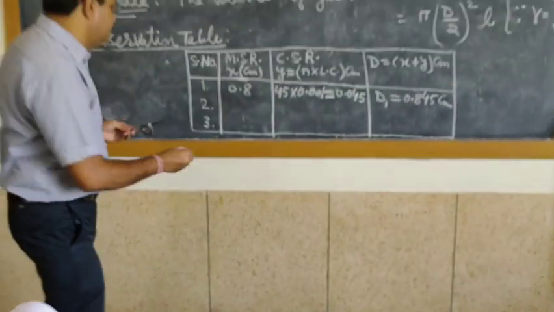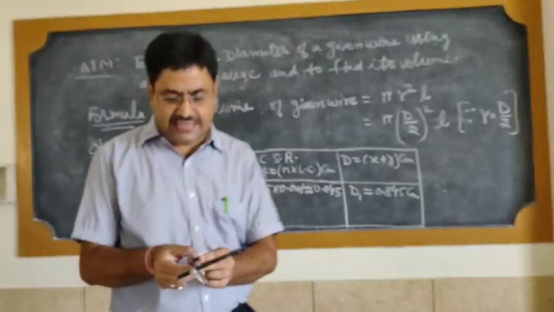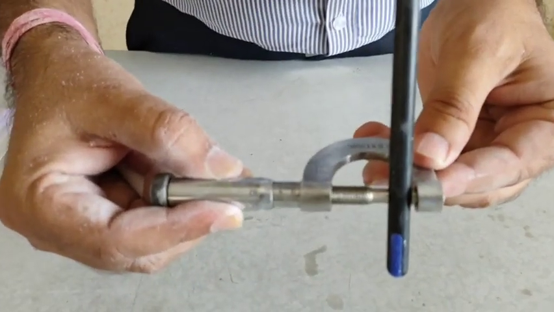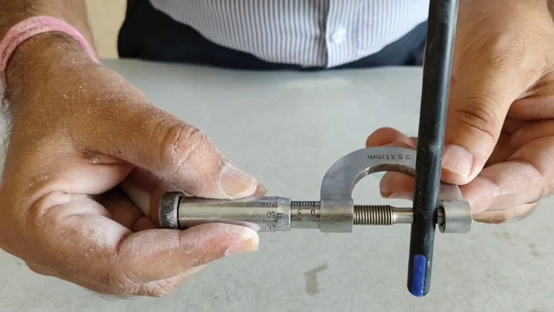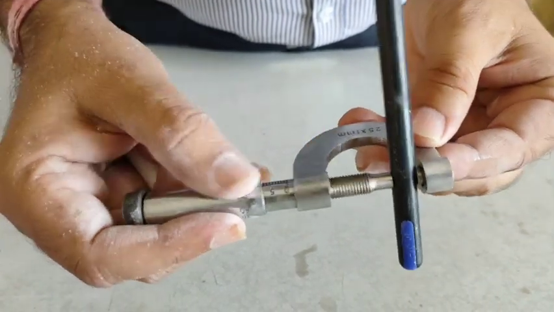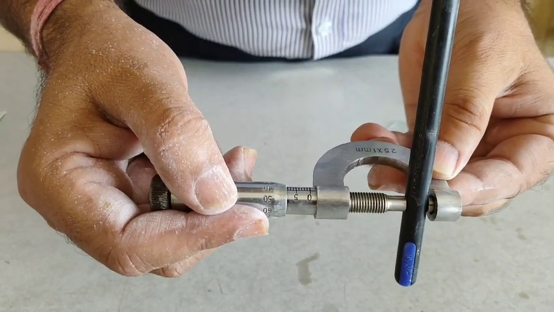I can write main scale again 0.8. And now what is the CSR? It is near about, I think, 38 or 39.